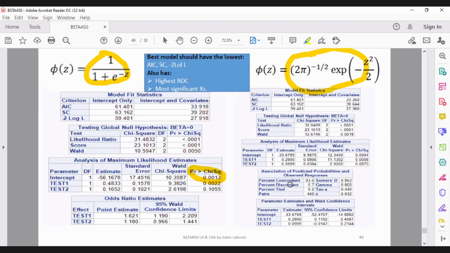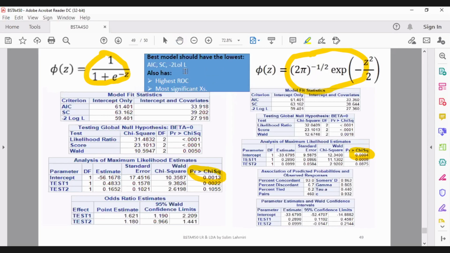For the probits, we got the intercept and beta 1 significant and beta 2 not significant. How to choose between them?